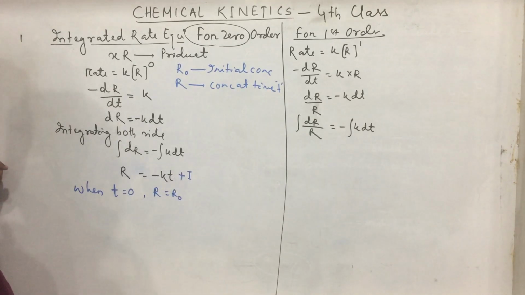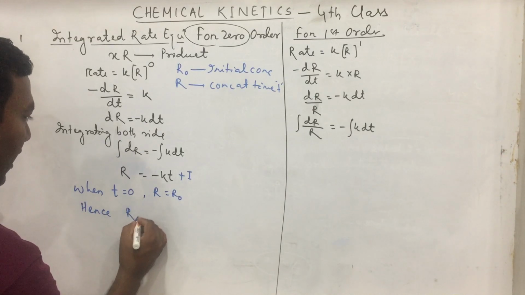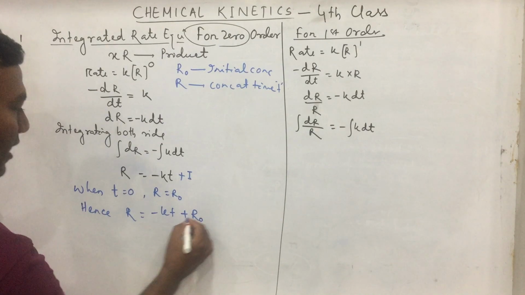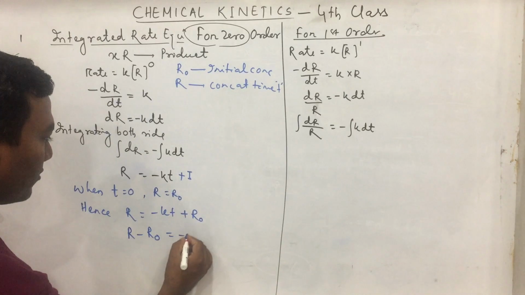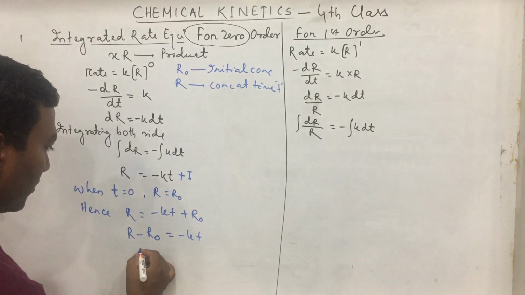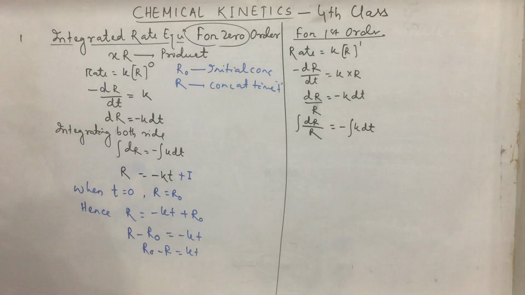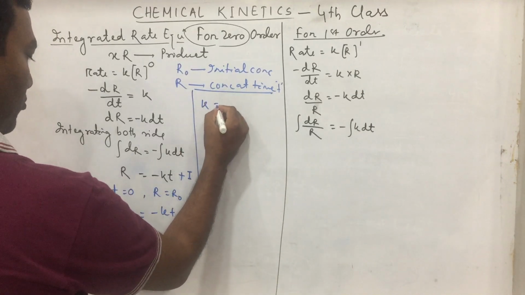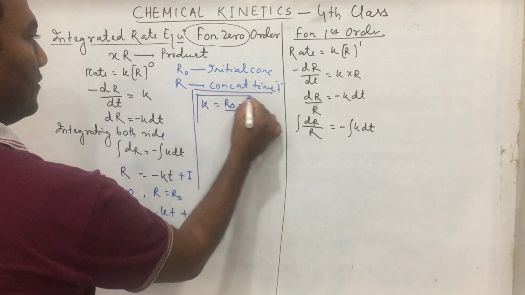So put this value here. Hence we get R equals minus Kt plus R naught, or R minus R naught equals minus Kt, or R naught minus R equals Kt, or K equals R naught minus R divided by t.